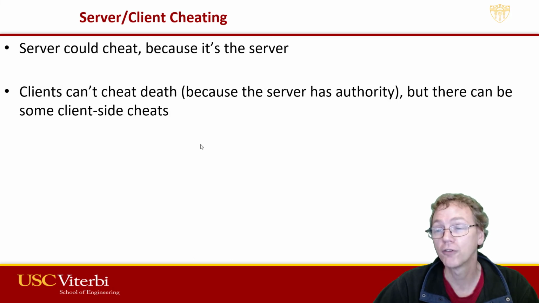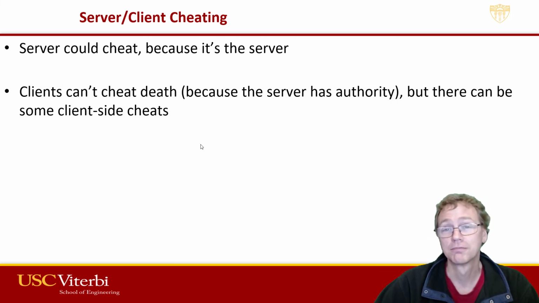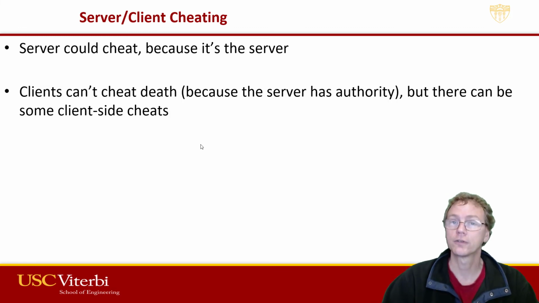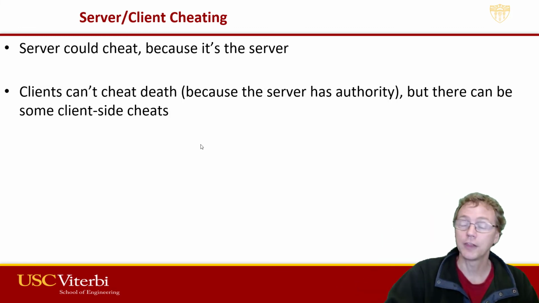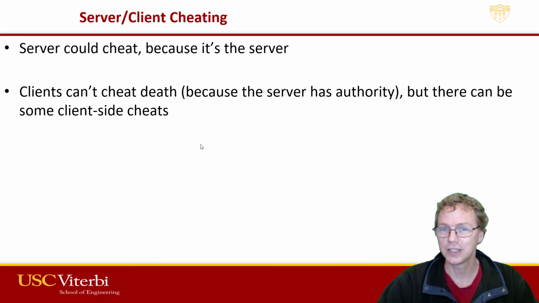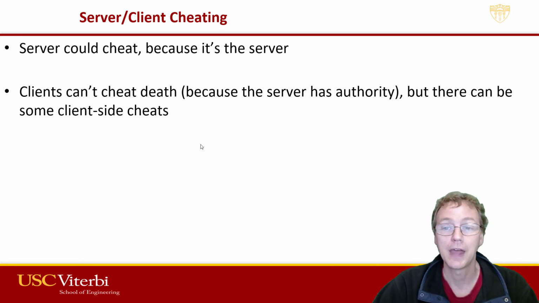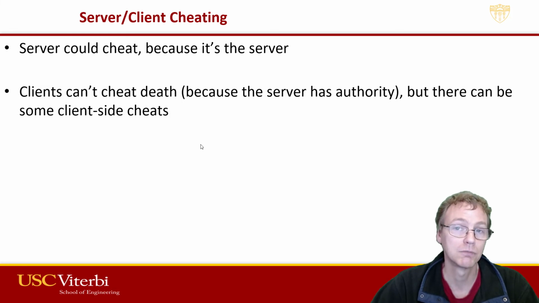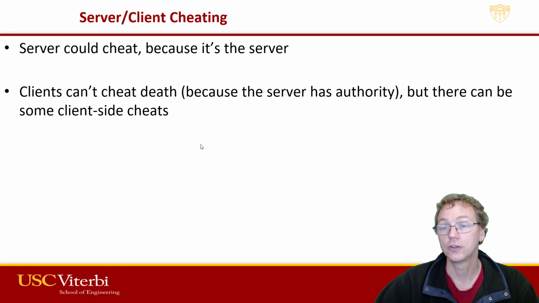Okay, also don't forget there's other ways to cheat that even the clients can do. Even in a client-server authority model, there's other ways that clients can cheat by modifying their code that wouldn't involve authority. Things like fog of war. I could turn off the fog of war on my client and see every piece of information that my machine has available to it. I could see through walls.